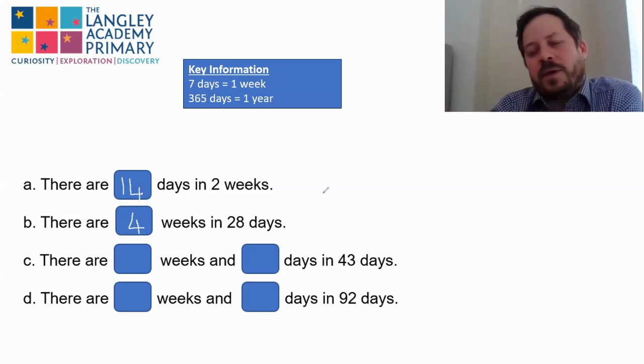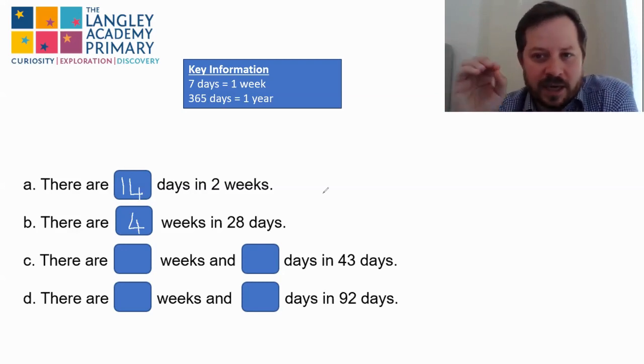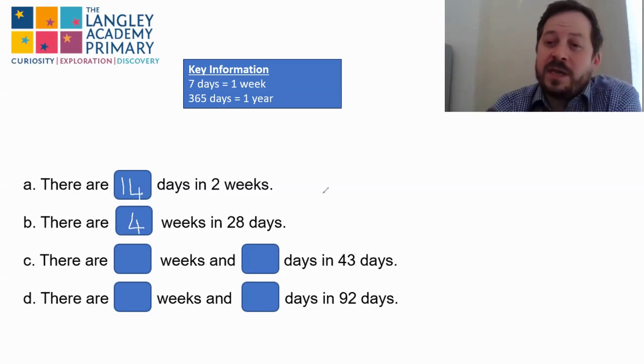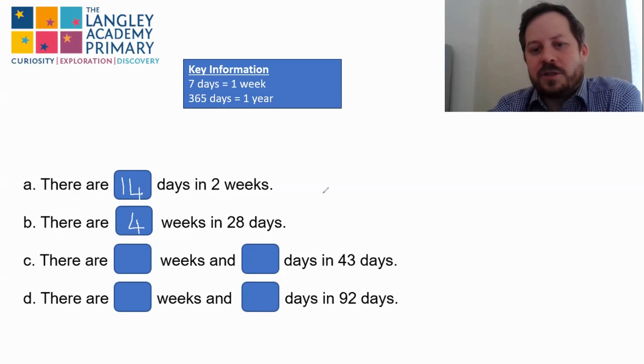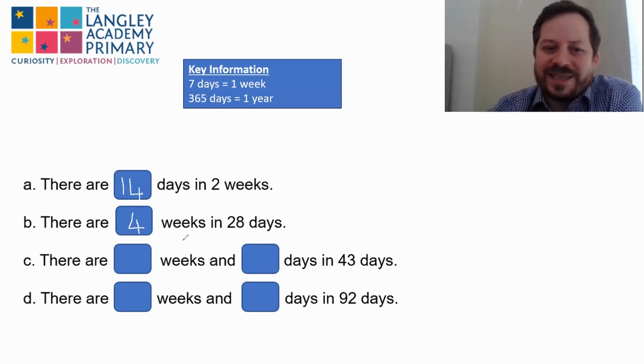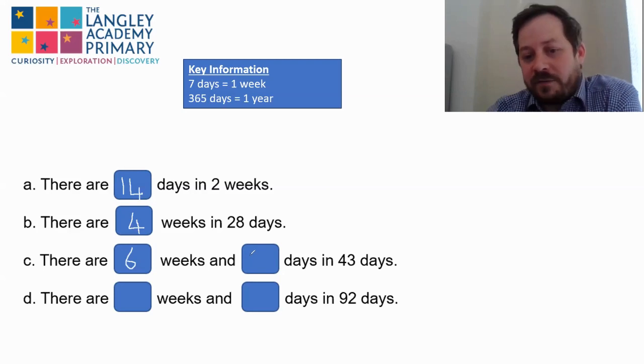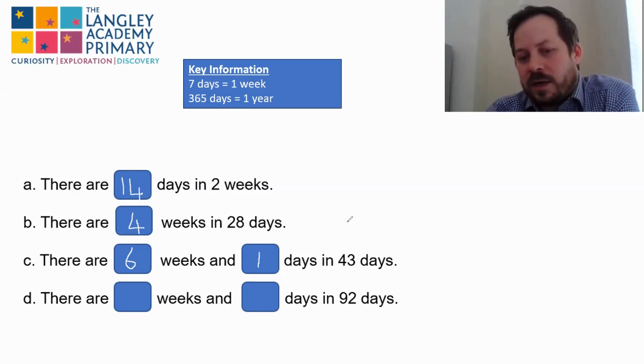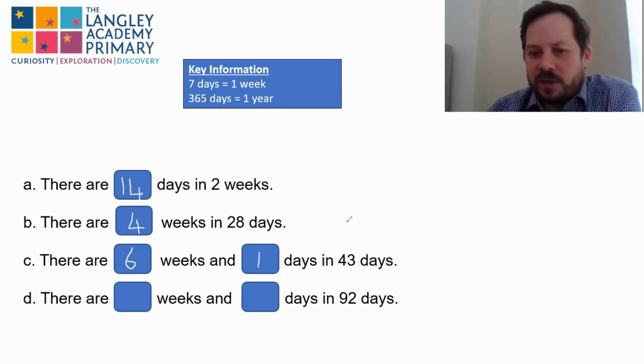Take away all that you can, and whatever you're remaining with is how many days you're left over with. So in our 7 times table, we can get up to 42, and 42 is 6 times 7. So we have 6 weeks. Difference between 42 and 43 is 1. So there are 6 weeks and 1 day in 43 days.